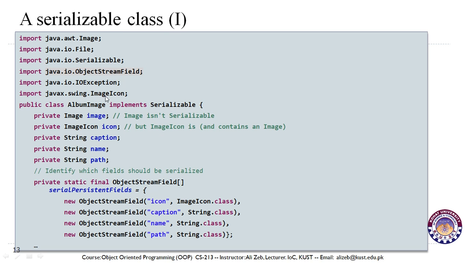We need to import the required classes and interfaces that we are implementing or using in our code. We need to identify which fields should be serialized. We have this final static array, and we store all of the variables that we want to serialize in this array.